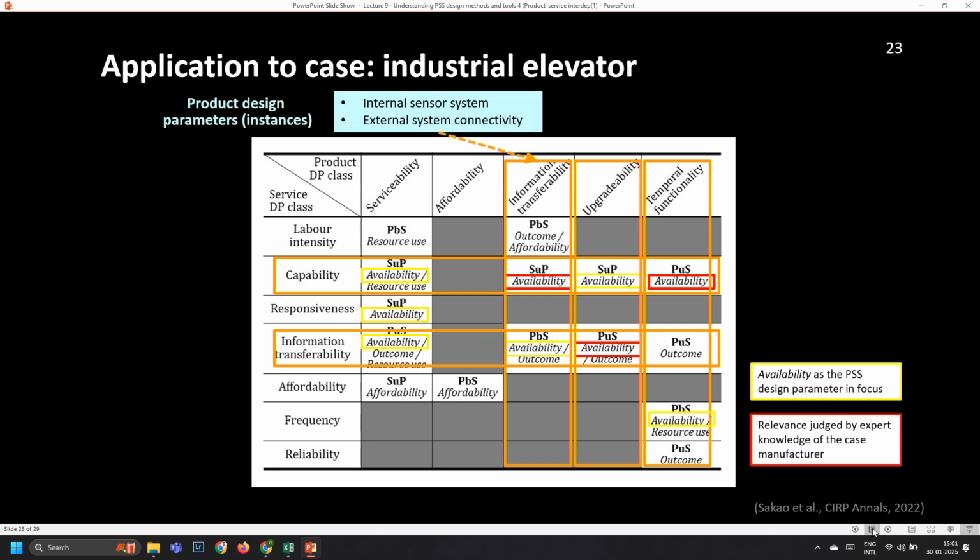And we asked again the experts of the product and service of this offering, what are the product design parameter instances of this elevator. For example, actual lifetime, component durability, internal sensor system availability, and so on.